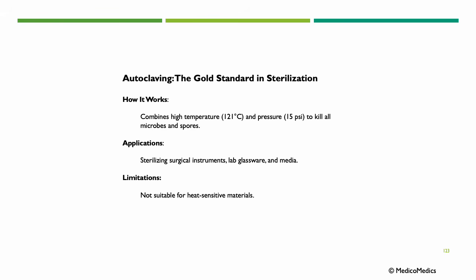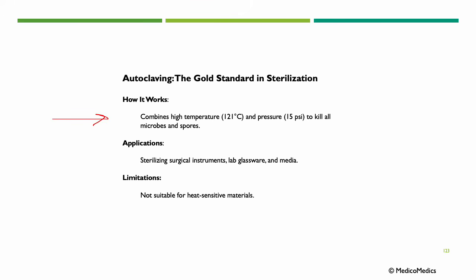Autoclaving, the gold standard in sterilization. An autoclave is like a super-powered pressure cooker used in hospitals and labs to make tools completely germ-free. It's quite fast, effective, and very reliable.